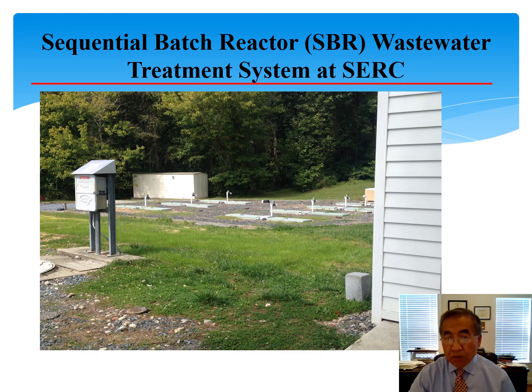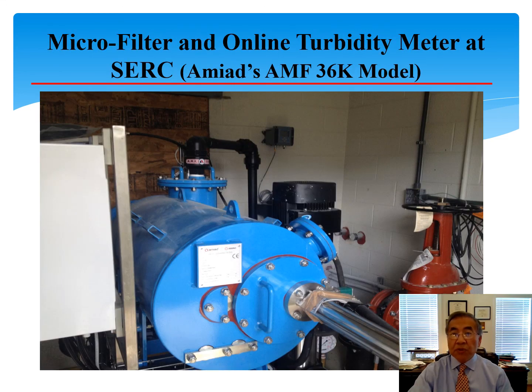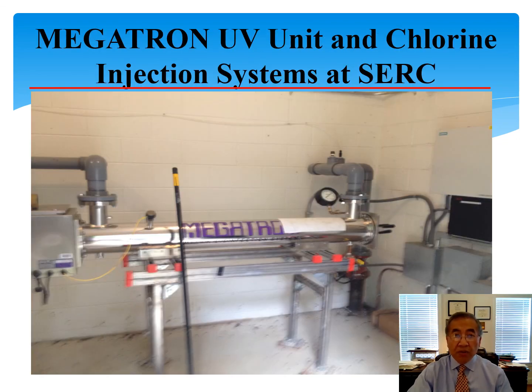This is the treatment plant, a sequencing batch reactor treatment plant. They are buried underground. After treatment by the SBR, the water goes to this micro filter and then into this UV unit or chlorination. They can choose either UV or chlorination.